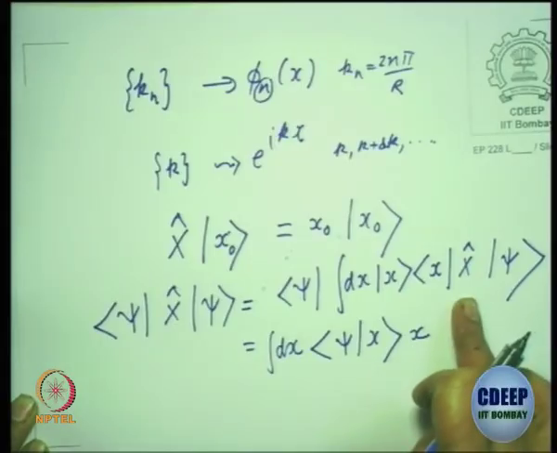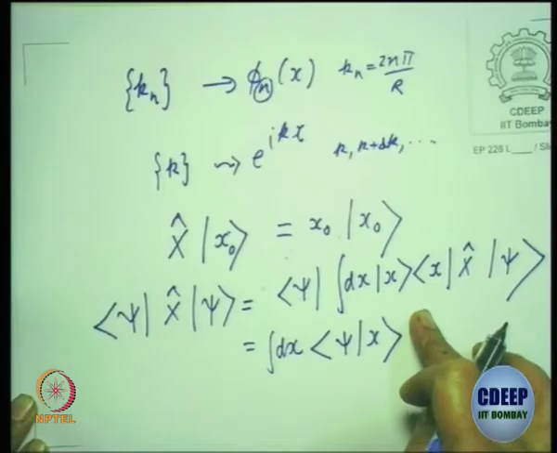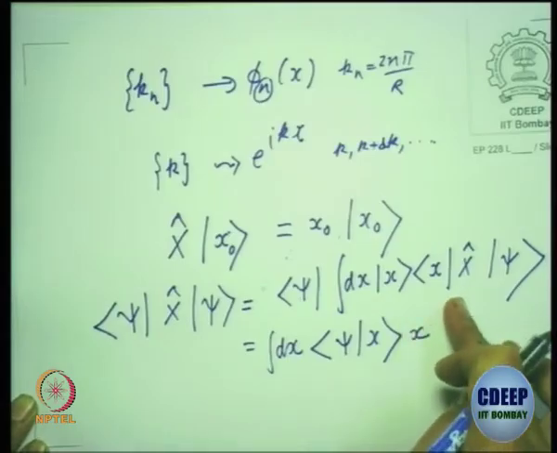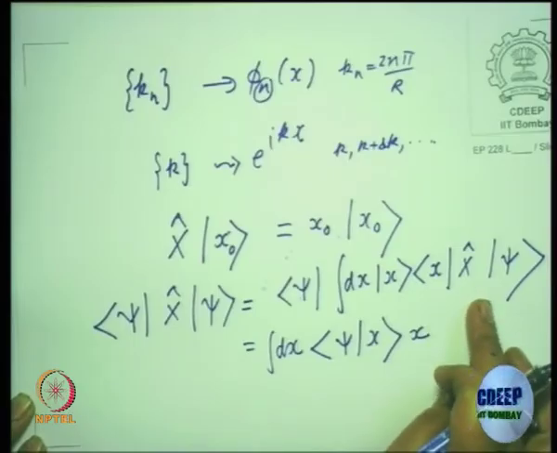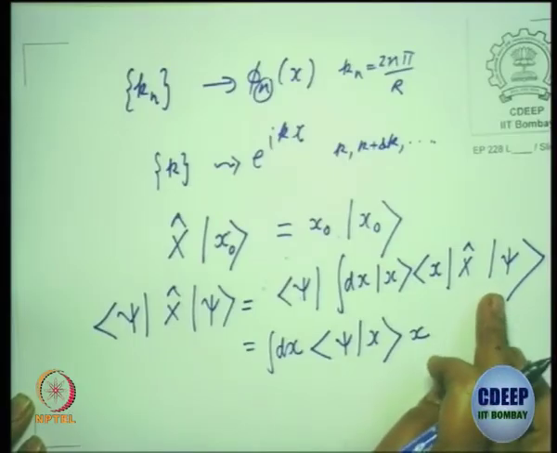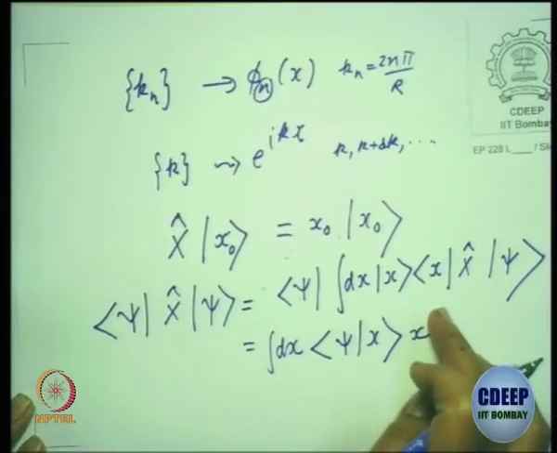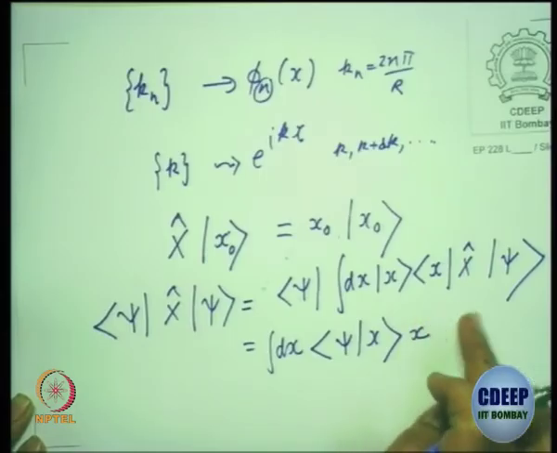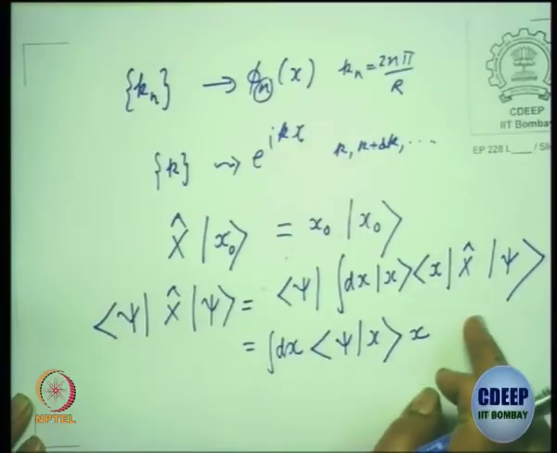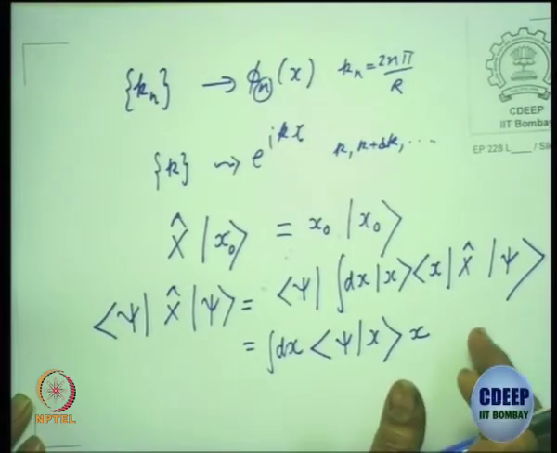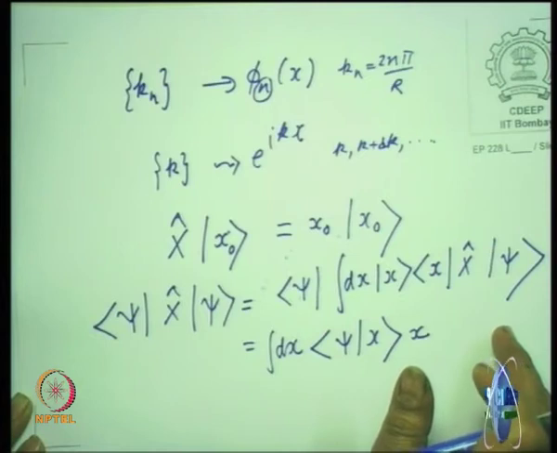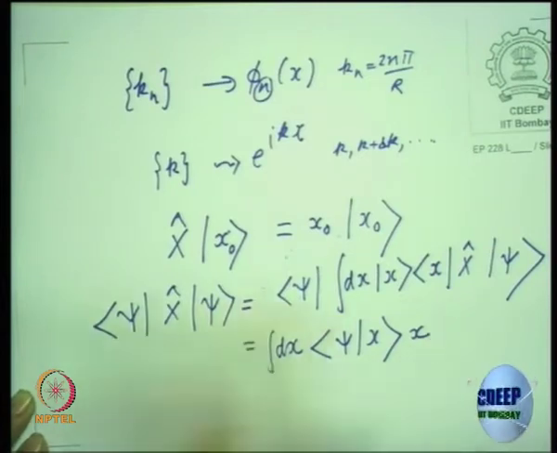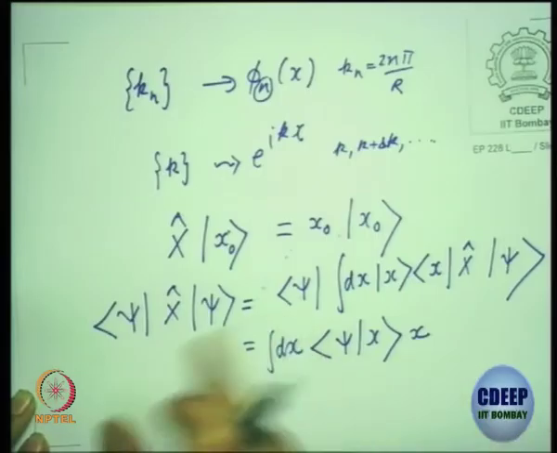You are still puzzled? I wrote x naught earlier. Yeah, but for all observables, the eigenvalues are real. All your position operators are self-adjoint operators. If you want, you can write the x star, but x star is the same as x for all observables. The eigenvalues are always real, so you don't need to write star. If it is some other operator which has no correspondence with observables, then technically I have to put a star there.